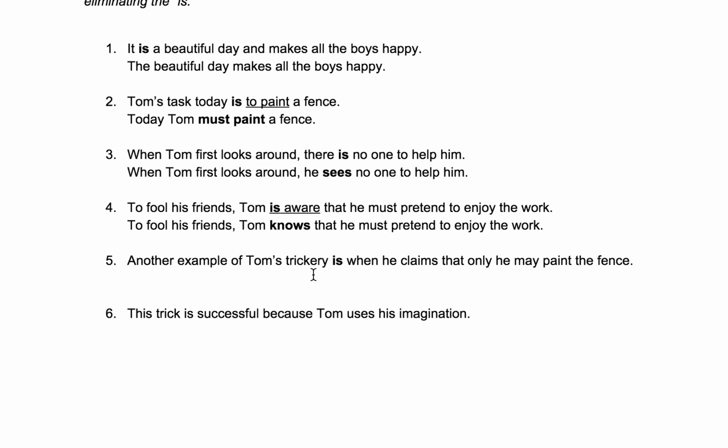So we're going to solve this problem by starting with Tom, right? And we want to keep the idea that this is another example of something. So we'll do that by saying Tom also. And then we need to get in the idea that there's trickery here. So for the action verb, we can say shows trickery. And then the rest of the sentence can remain unchanged. So Tom also shows trickery when he claims that only he may paint the fence.